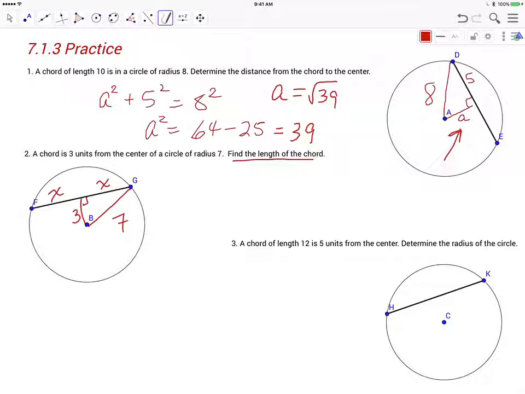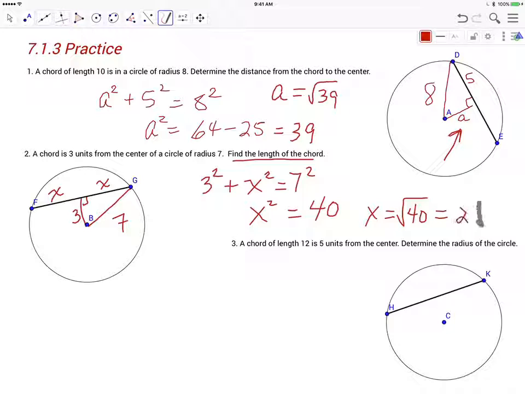So in this case, again, 3 squared plus x squared is equal to 7 squared. X squared is equal to 49 minus 9, better known as 40. So x is the square root of 40, which remember is the square root of 4 times the square root of 10.